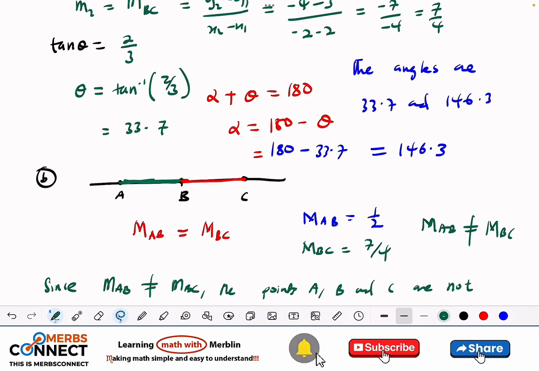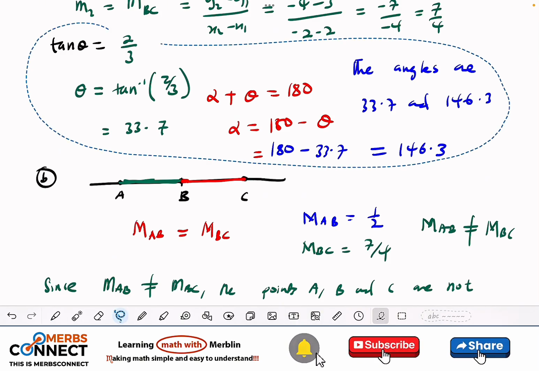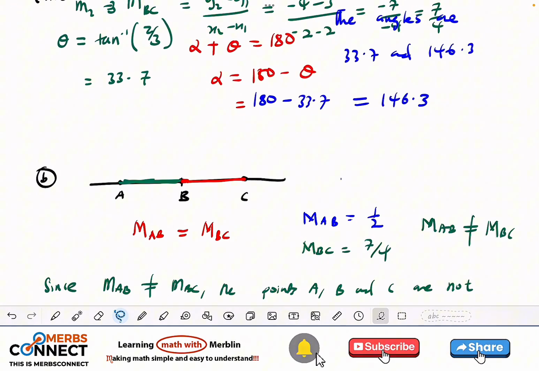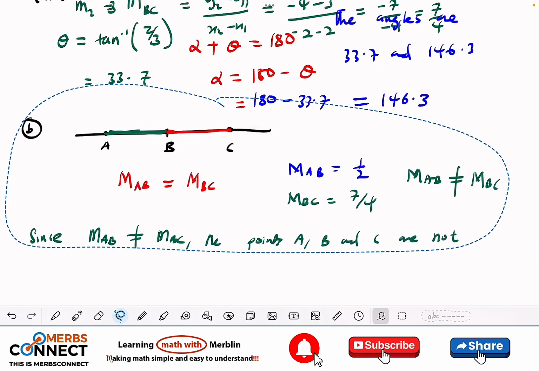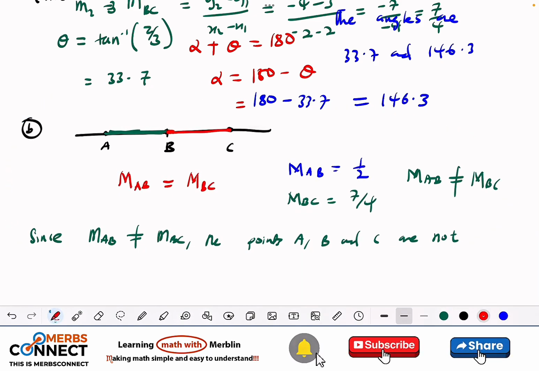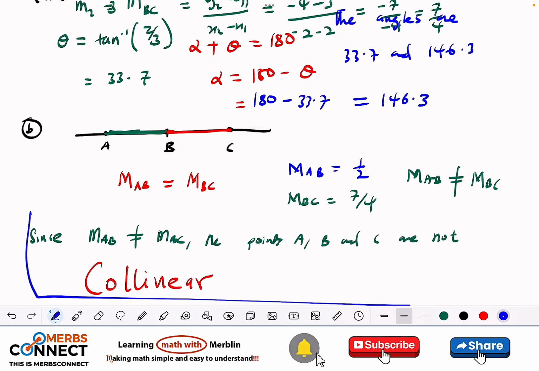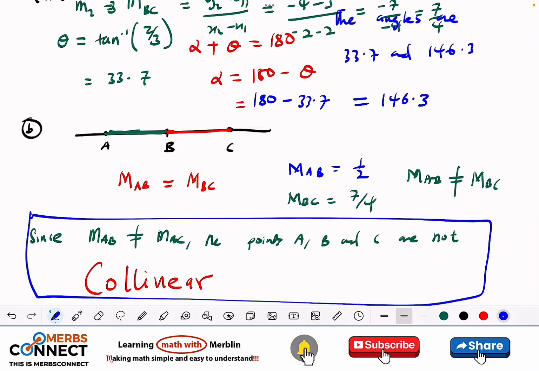I need to shift solutions up so that I can conclude it. Good. Remember, our final result should be big and clear: not collinear. Good. So that is what we need to do.